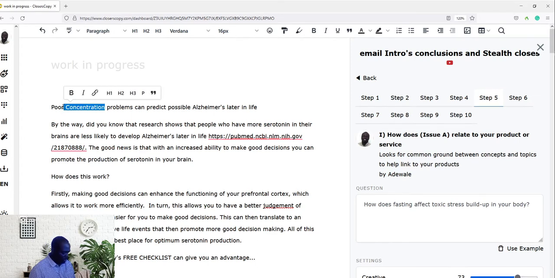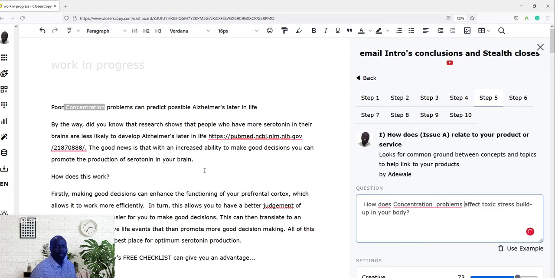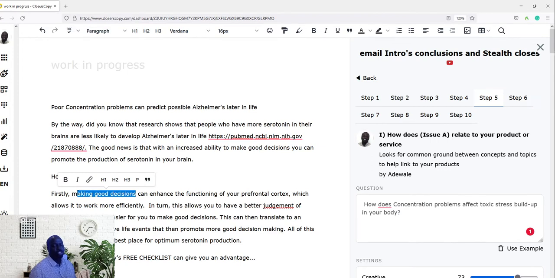I'm just trying to kind of engineer my way backwards. How does concentration affect making good decisions? If you remember, the article we wrote was focusing on people's concentration, and the free gift we created was focusing on making good decisions.